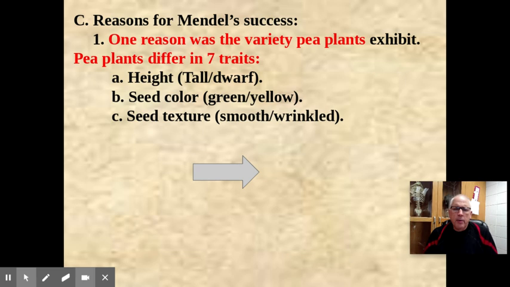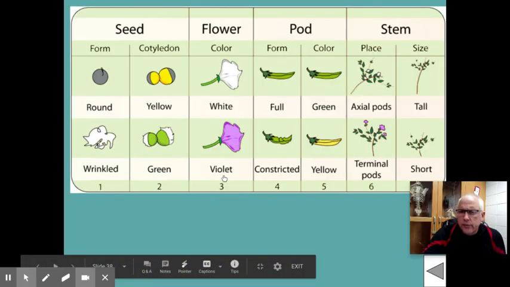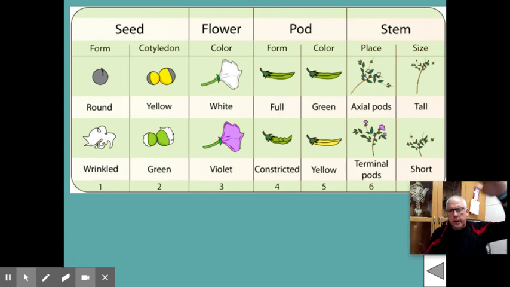I just listed a couple of them there, 3 of them, like height, seed color, seed texture. What's impressive is they're very, very extreme. So he could walk out into his garden, he could tell a tall plant and a dwarf plant. It's not like a tall plant was 3 foot and the short plant was 2'11", right? They're extremes: yellow seeds, green seeds, purple flowers, white flowers.